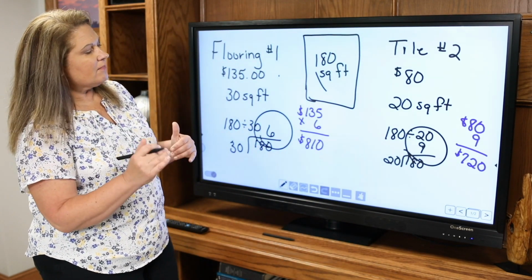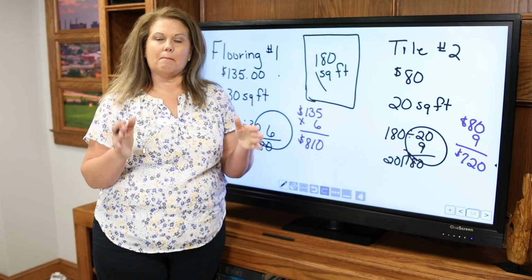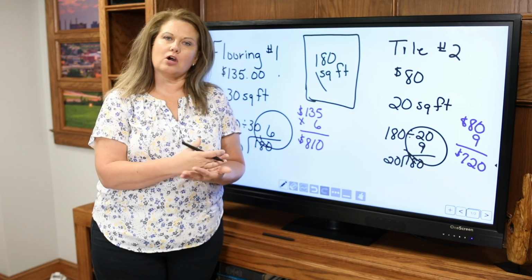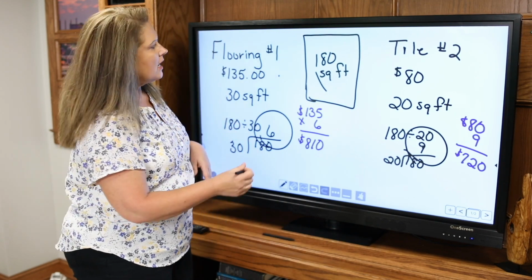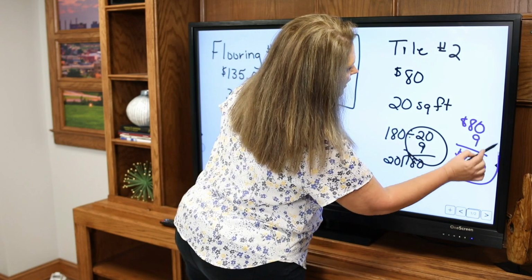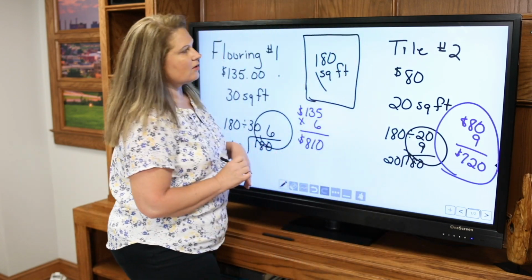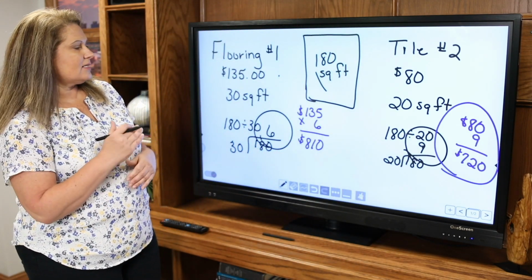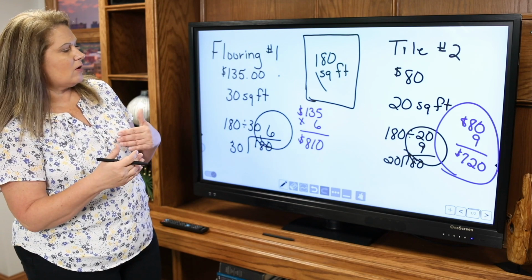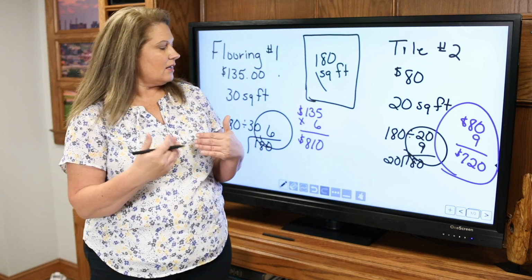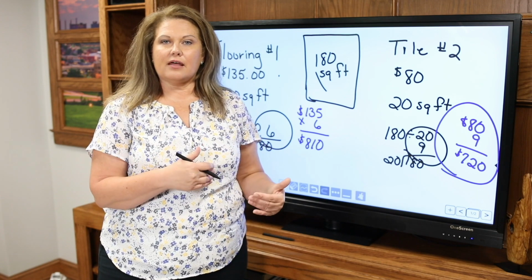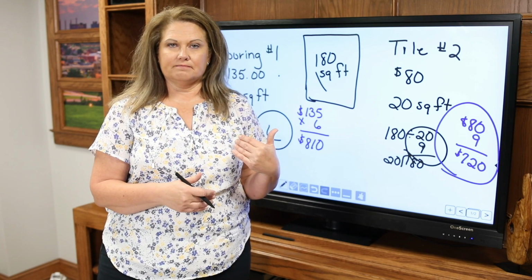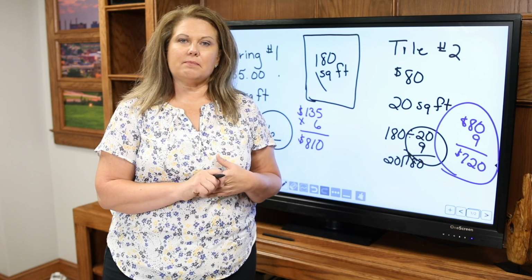So if I'm having price be my deciding factor, if I'm going to use carpet or hardwood floors, I'm going to have to decide to go with the carpet tiles because it's about $90 less expensive than the hardwood floor. That's how you determine best buy.